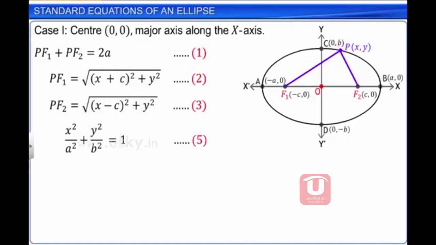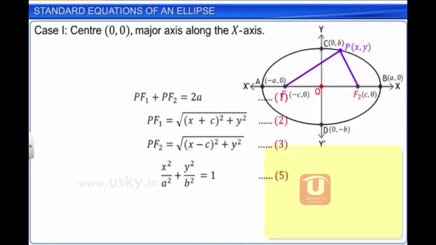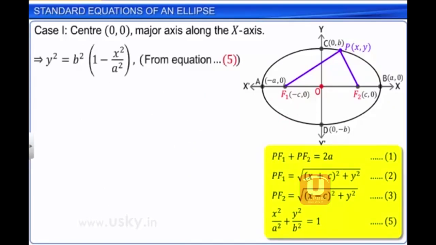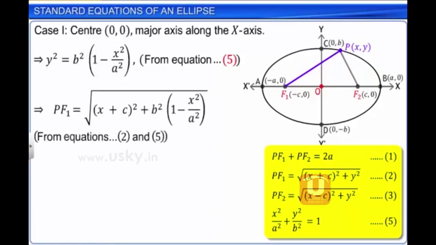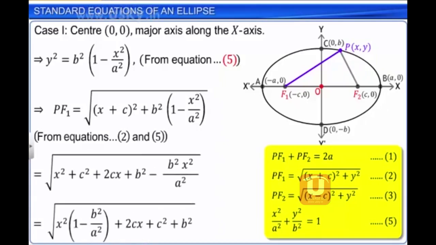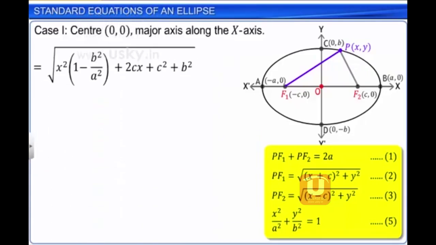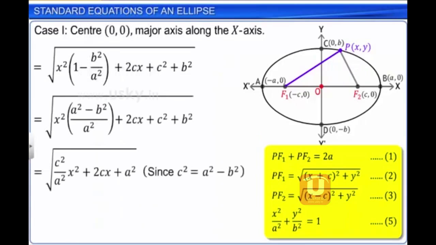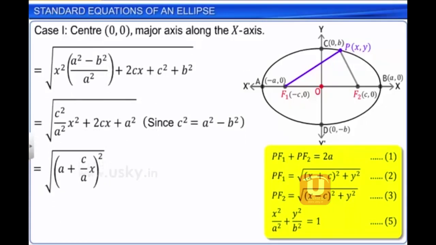From equation 5, we get y square is equal to b square into 1 minus x square upon a square. Substituting the value of y square from equation 5 in equation 2 and simplifying, we get PF1 is equal to a plus c upon a into x.